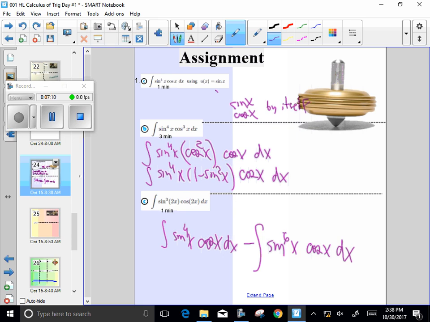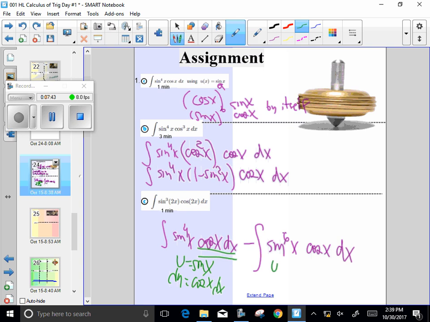And then the pair will be cosine to some kind of a power, and then sine x to some kind of b power, and then you can integrate those. Got to get them into that form. So if u is sine x, what's du? Cosine x dx. Do we have it? Do you need to do a negative or anything? Nope. So then you can do u sub with this one.